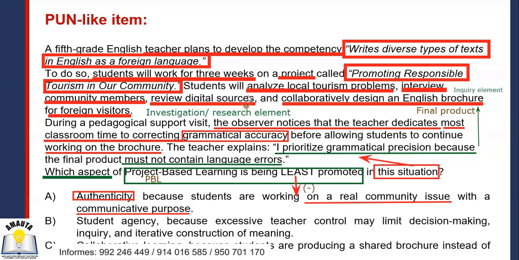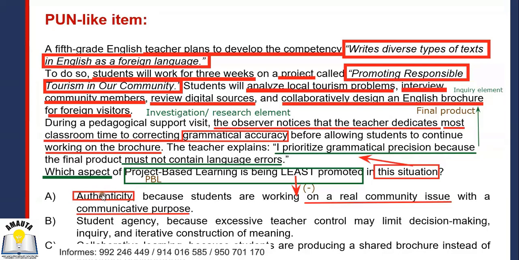And with all the data they collected, students will make decisions in order to work collaboratively, right? Well, they will design this brochure for foreign visitors, in order to promote this responsible tourism. It says that the element that is least promoted is authenticity. Do you think so? Really? Okay.